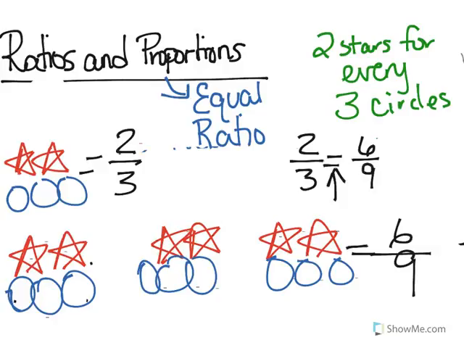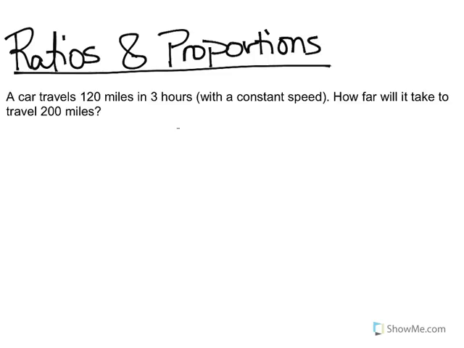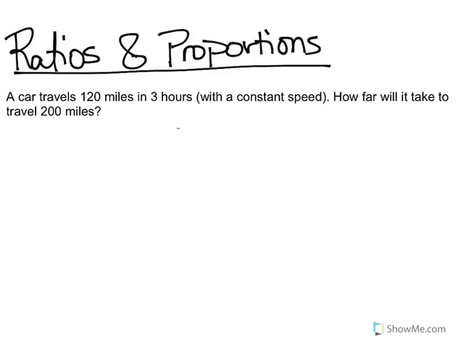So, what if I give you the ratio and I'm predicting a future ratio that's equivalent? How can I find that? Good question. Let's find out. Okay, here's the problem. A car travels 120 miles in 3 hours. How long will it take to travel 200 miles?